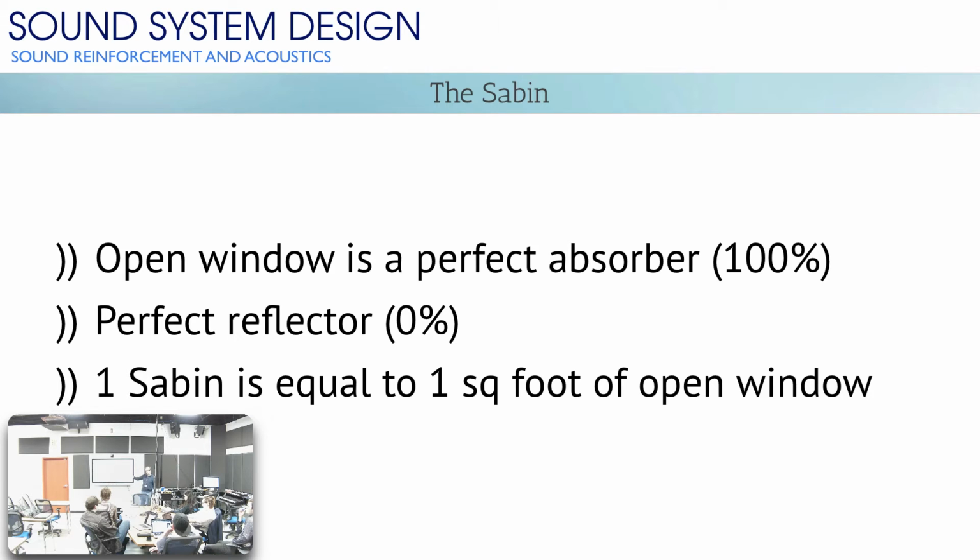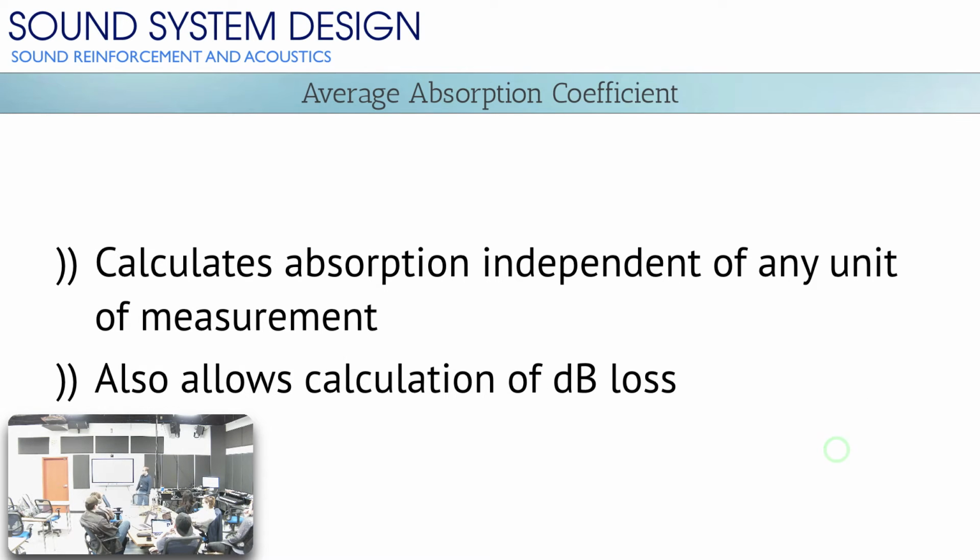But now we don't so much talk about Sabins anymore because of this weakness in what he did, creating a unit of measurement that relies on another unit of measurement in a very specific way. So instead, we just start talking about it in terms of absorption coefficients. Instead of Sabins and open windows and everything, it doesn't really matter anymore.